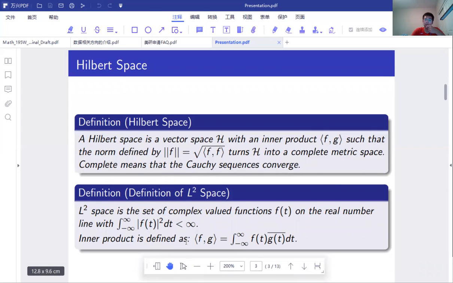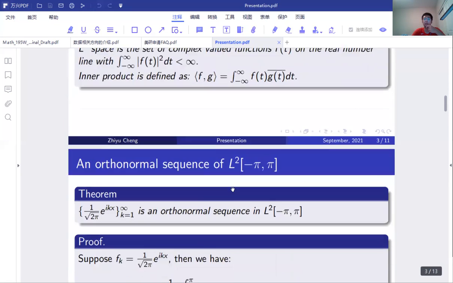And the inner product is defined as the integral on the real number line of the first function times the conjugate of the second function. So this is the definition of Hilbert space and L2 space. We are able to prove that L2 space is literally a kind of Hilbert space, but we will not go through it here because of the time limitation.